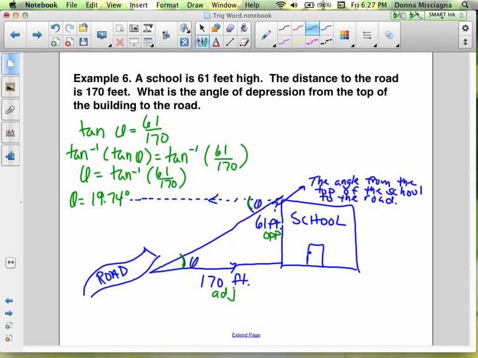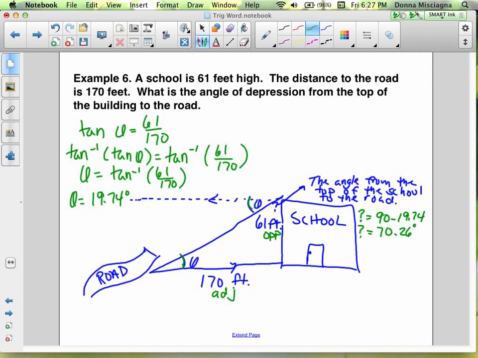Now, if they wanted this angle here, the angle from the top of the school to the road, that question mark angle would just be 90 minus 19.74. And so the question mark there would be 70.26 degrees.